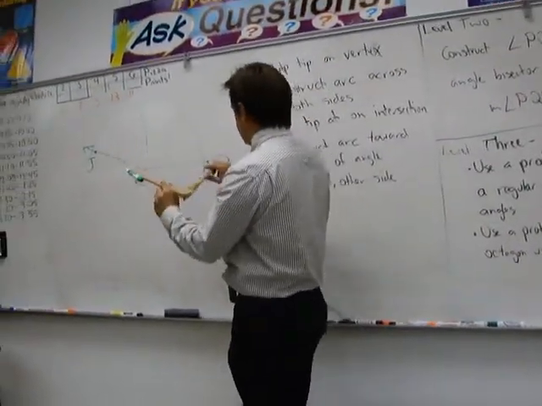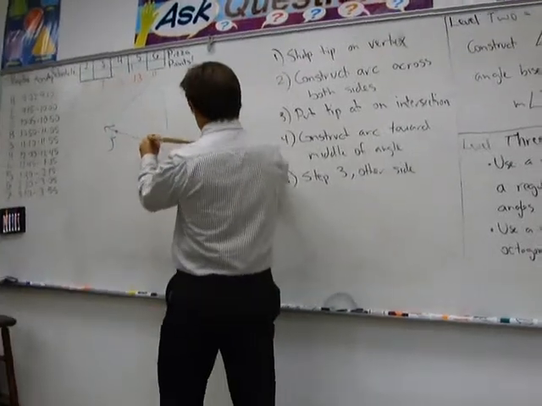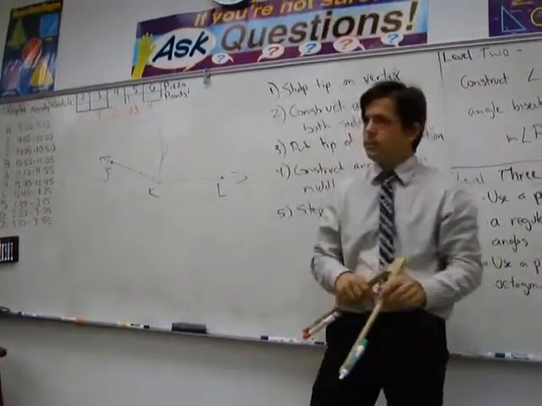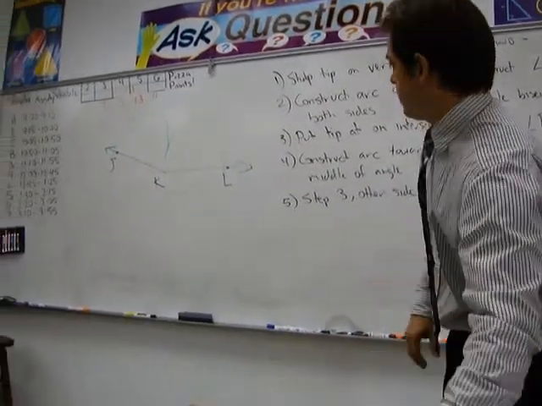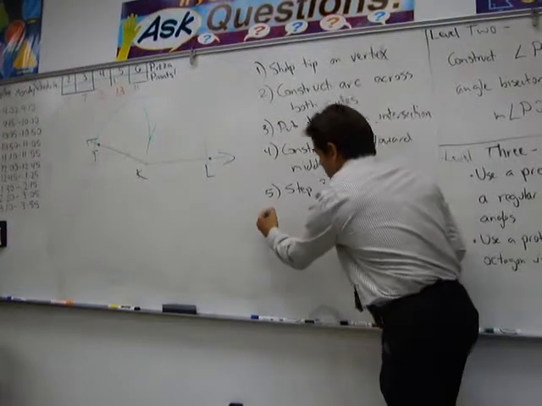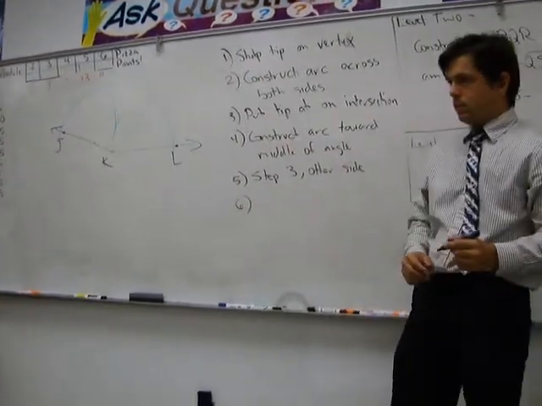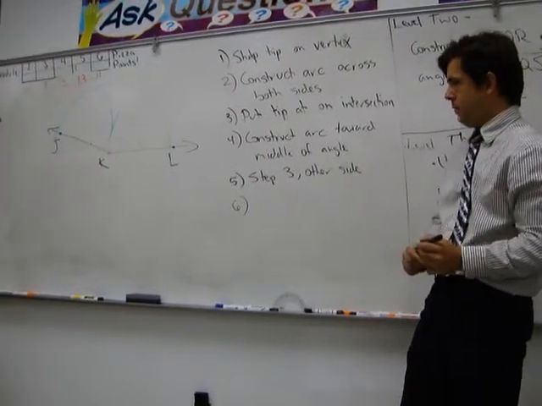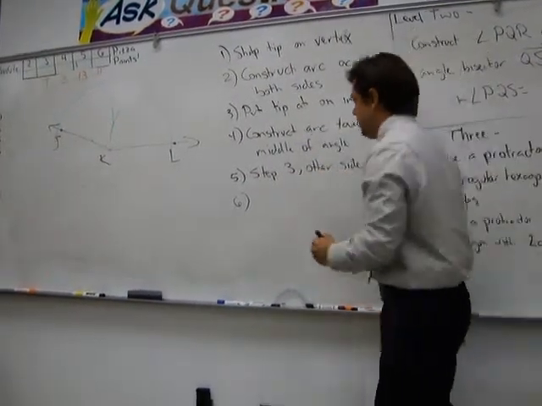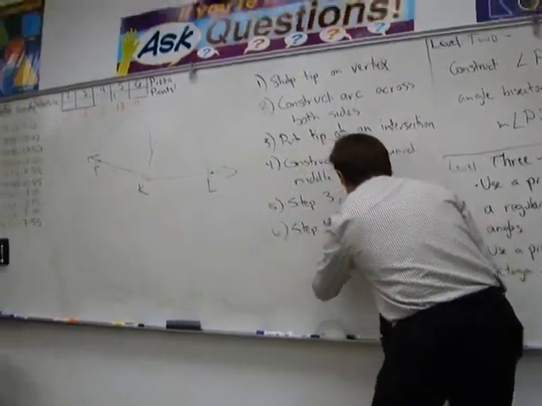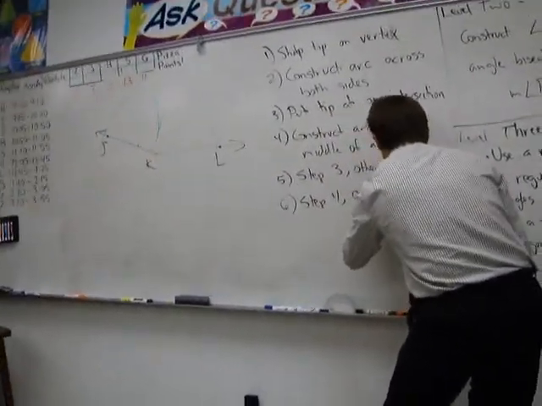And step 6, I construct that arc. So step 6 is like what step, guys? Pretty easy if you're paying attention. 4. Step 6 is just like 4, exactly. It's step 4 on the other side.